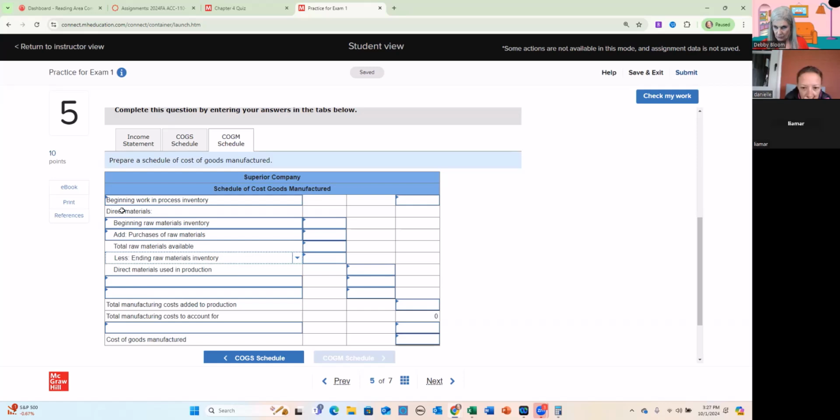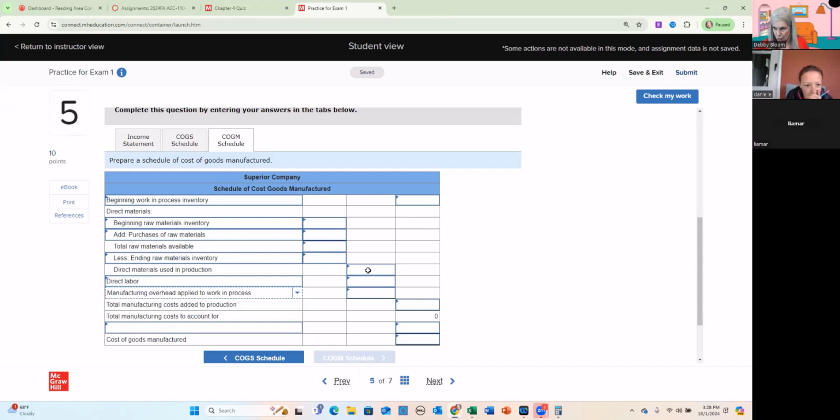Now to your beginning work in process. This is the room 2, the work in process, where all the processing is done. So you add your materials used in production, you add your direct labor, and you add your overhead applied. So manufacturing overhead applied to work in process.